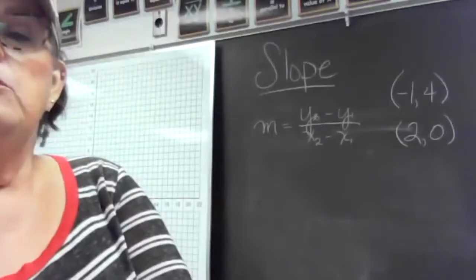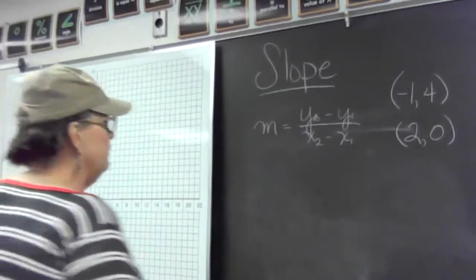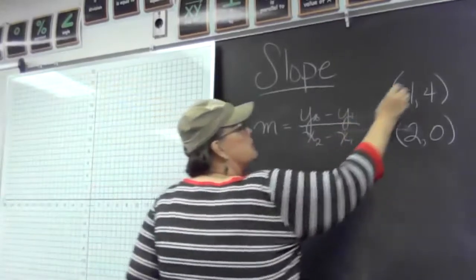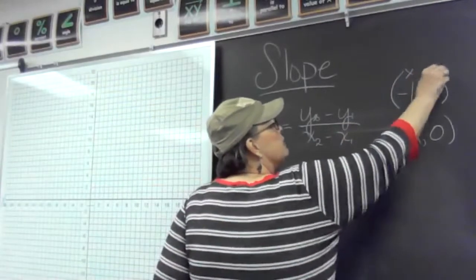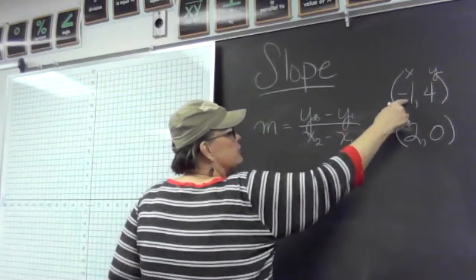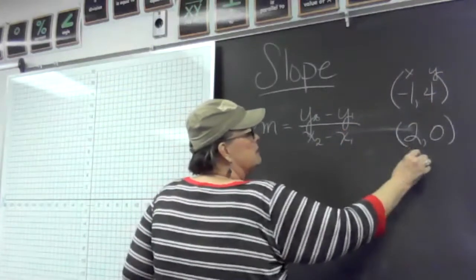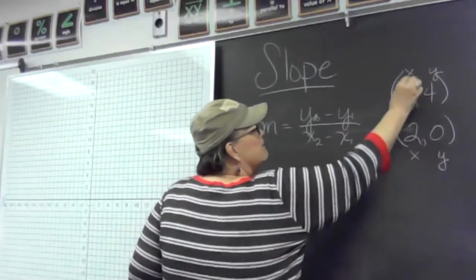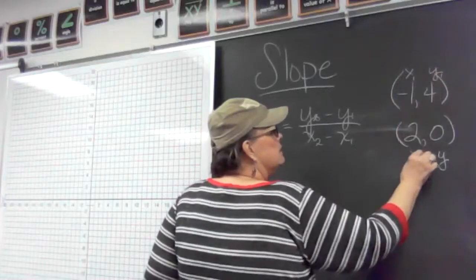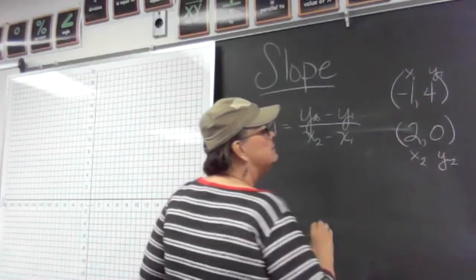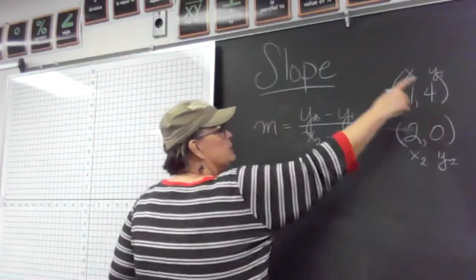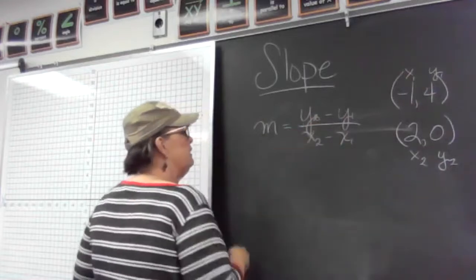But this time, we don't necessarily have to have a graph because we have the formula. So we always know that the coordinates, x comes first, y comes second, x, y. Here are the 1s, here are the 2s, and that's how we know what to plug into our formula here.